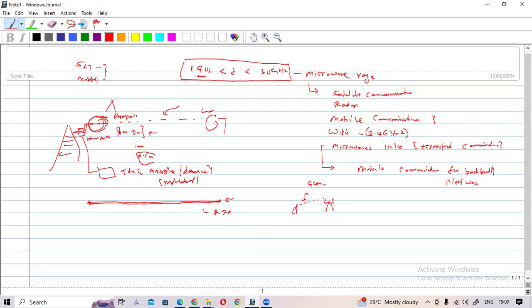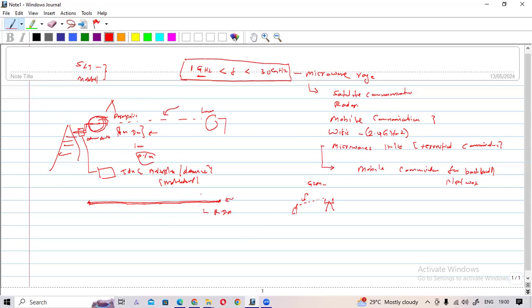But there are many advantages of optical fiber over these microwave links, especially high data rate, low latency, and not affected by noise.